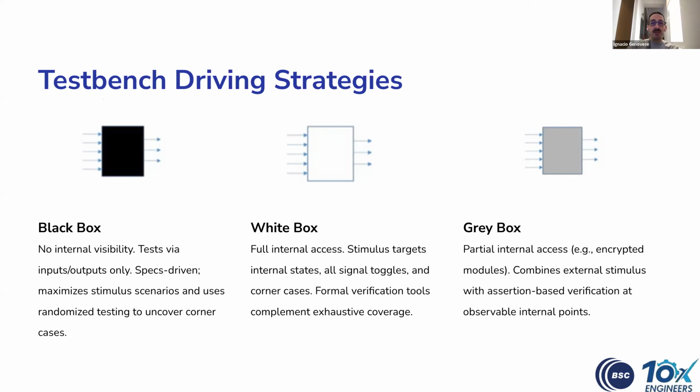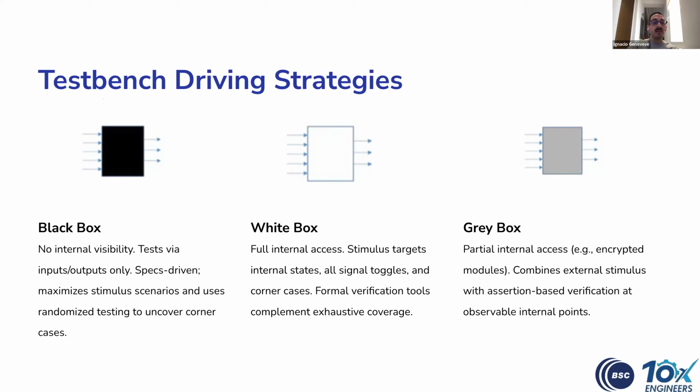We only know the specifications and the input and output interfaces. So we use these specifications to randomize testing to maximize the scenario's coverage. We only test through inputs and outputs. We don't know anything about the inner signals of the design.